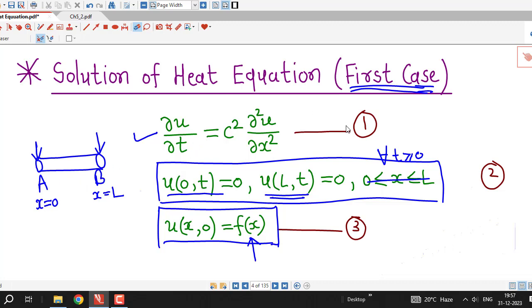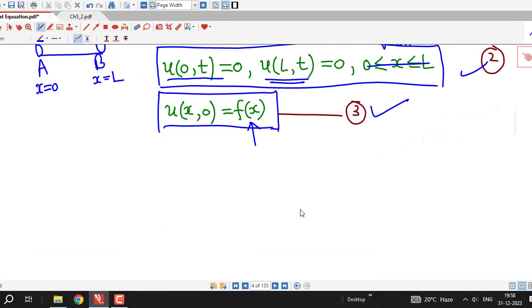So to find out the solution of this equation number 1 together with this boundary and the initial condition, we are going to apply the method of separation of variables.